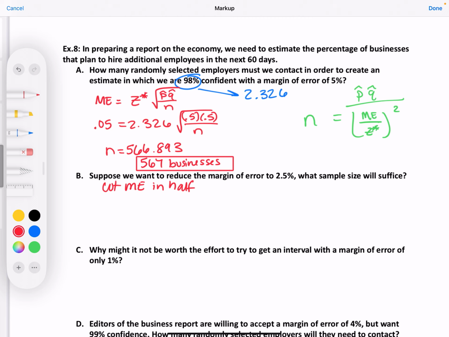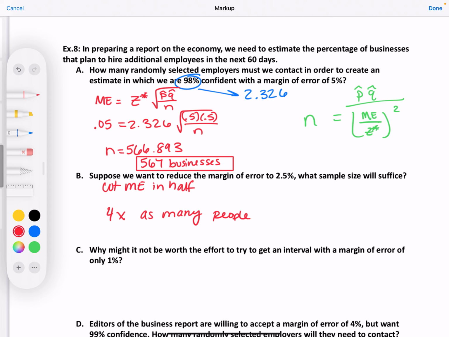It's changed by a factor of what? Half. But that number is ultimately getting smaller. What's ultimately happening to that number? It's squaring, so it's going to end up being 4 times as many people.